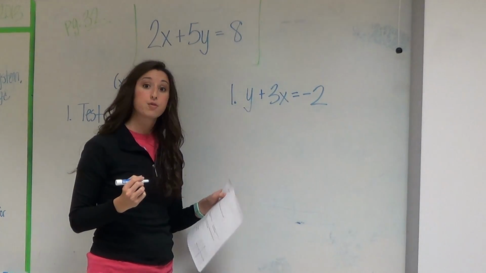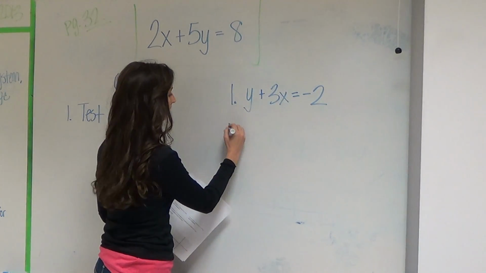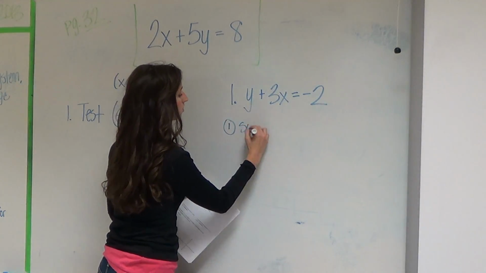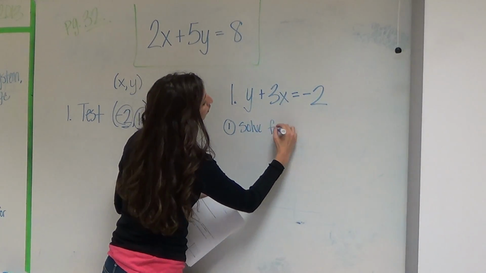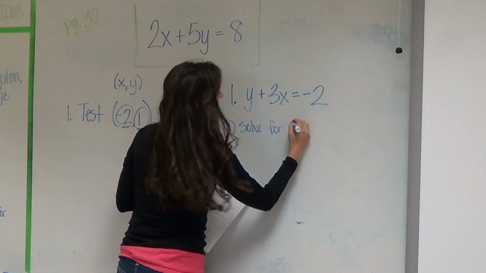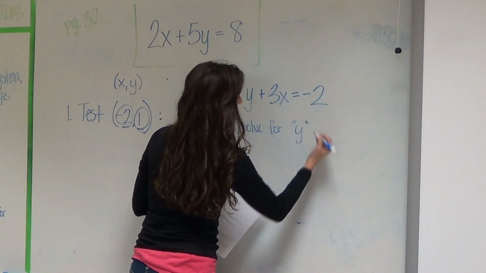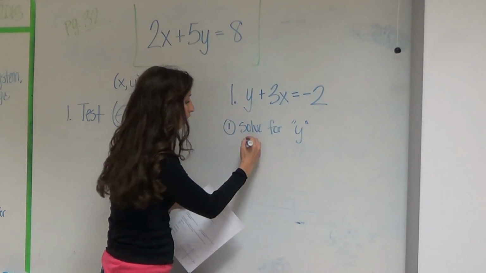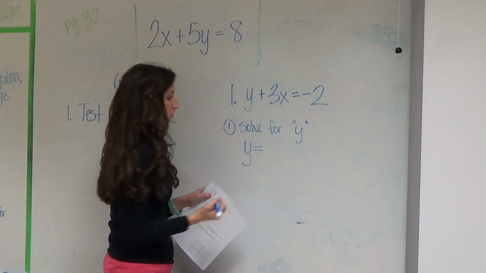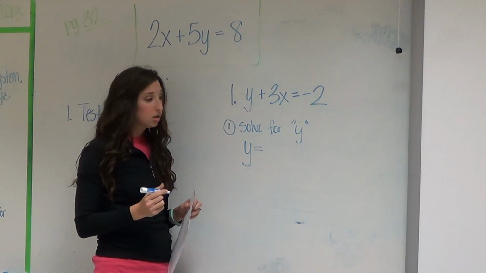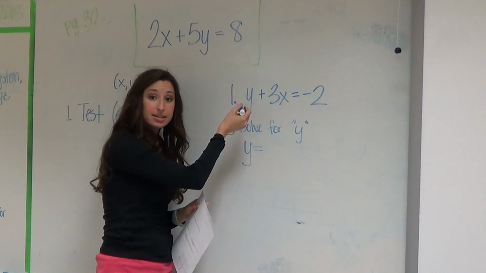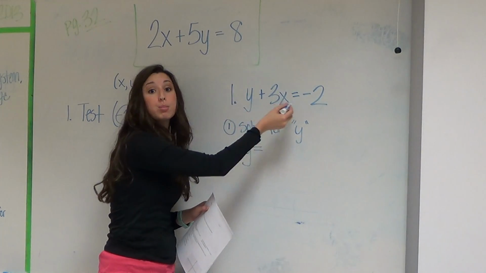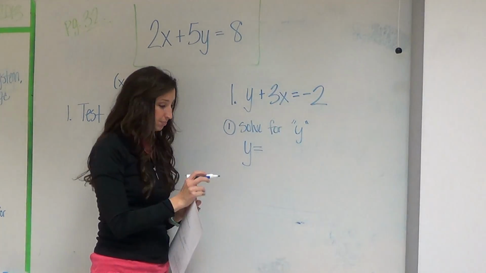So the very first step, your reminder, here we go, is to solve for y. That means I need it to say y equals. Well, here's my y. How am I going to get y by itself? We're going to remove everything that's on the same side. Okay?